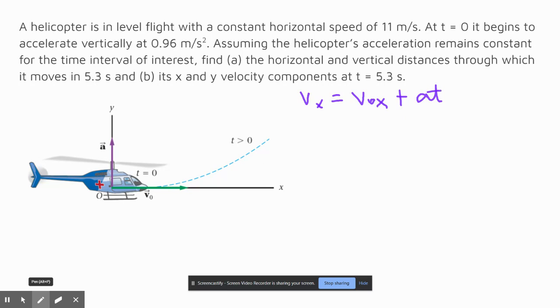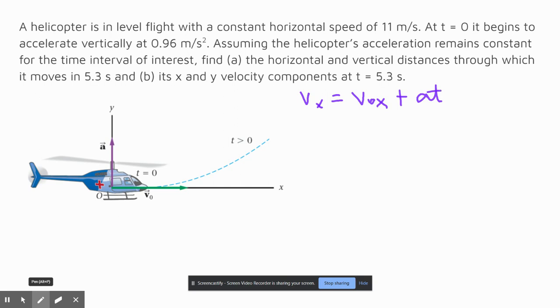So again, we know that the initial velocity in the x direction was just 0. Oh, I'm sorry, not 0. I am so sorry, I did not mean to say that.